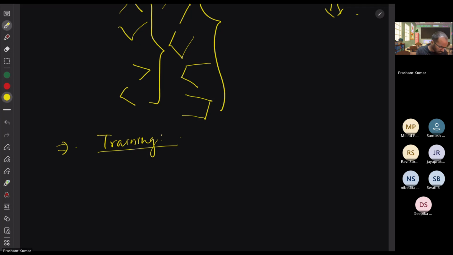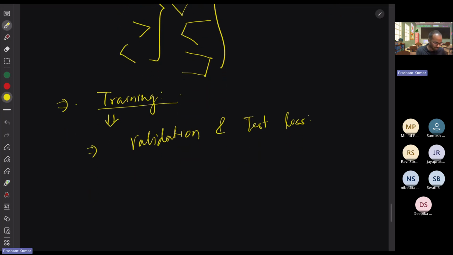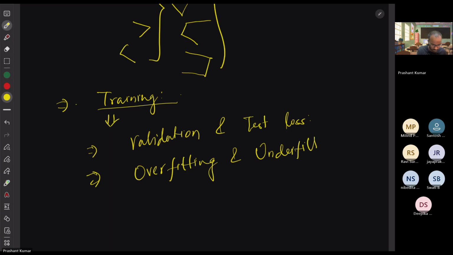When we talk about the training, we discuss the validation loss and test loss, then overfitting and underfitting, and the third is the speed of convergence.